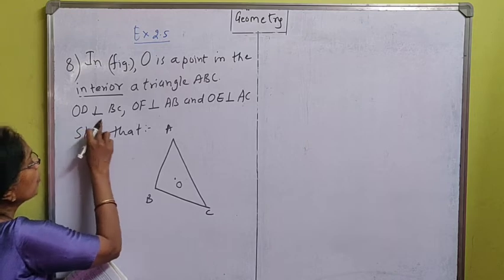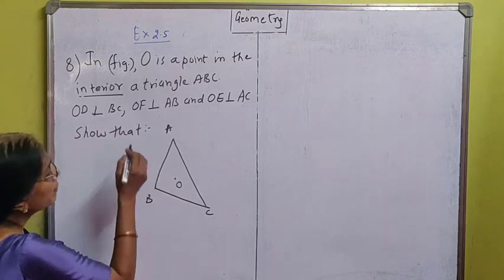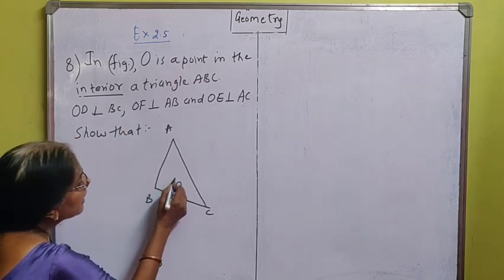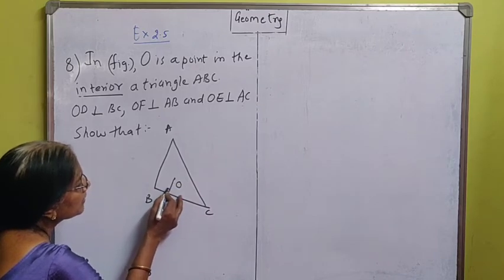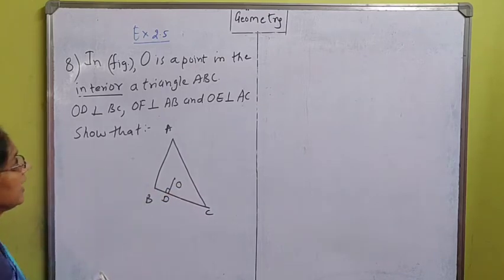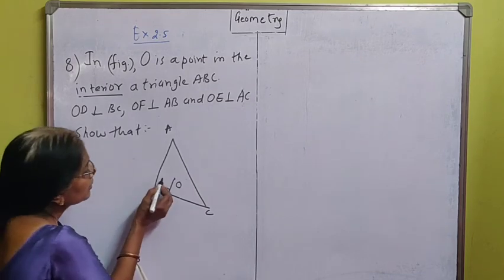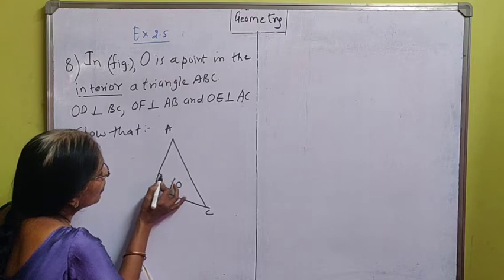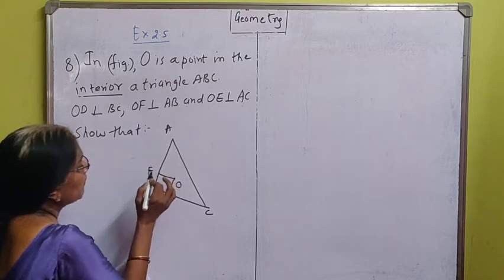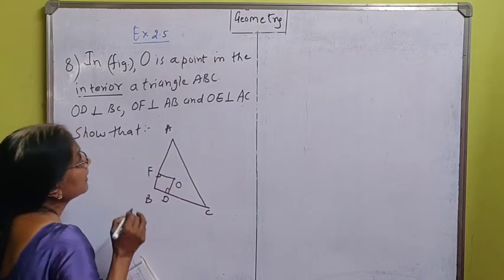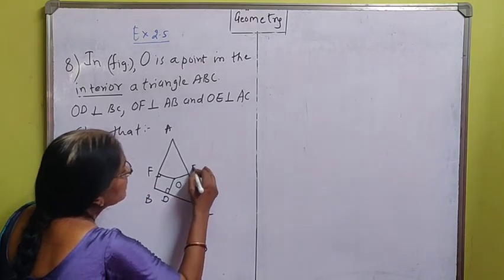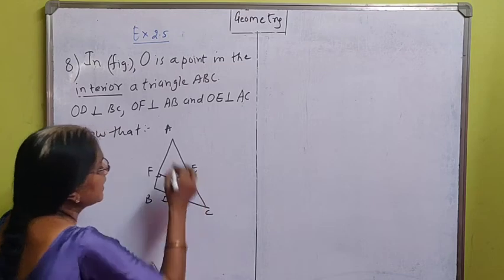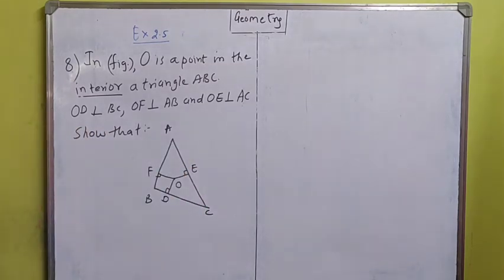First, let us take OD perpendicular to BC. This is BC and OD is perpendicular, so this is a right angle triangle. Then, OF is perpendicular to AB. Then, OE is perpendicular to AC.